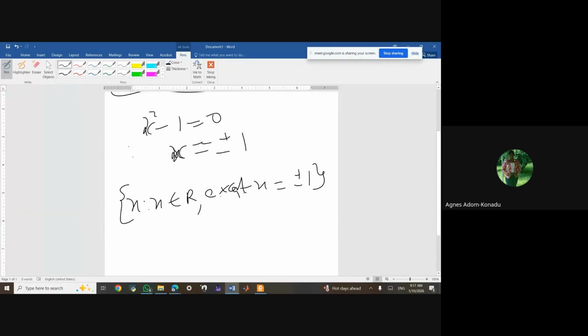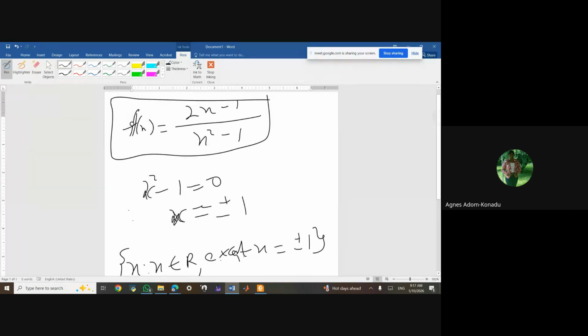So the domain is x such that x is in R, but x should not be equal to plus or minus 1, or except x equal to plus or minus 1. So to find the domain, you equate the denominator to 0, then you solve. The x values that you get will not be in the domain, but any other real value will be in the domain. And then to find the range, you have to find the inverse of the function.